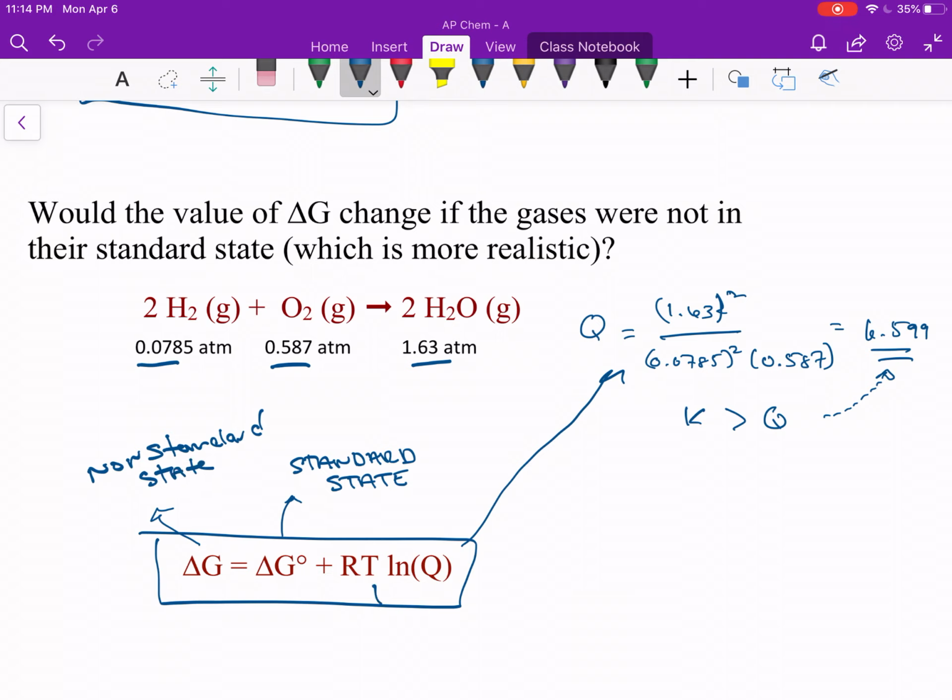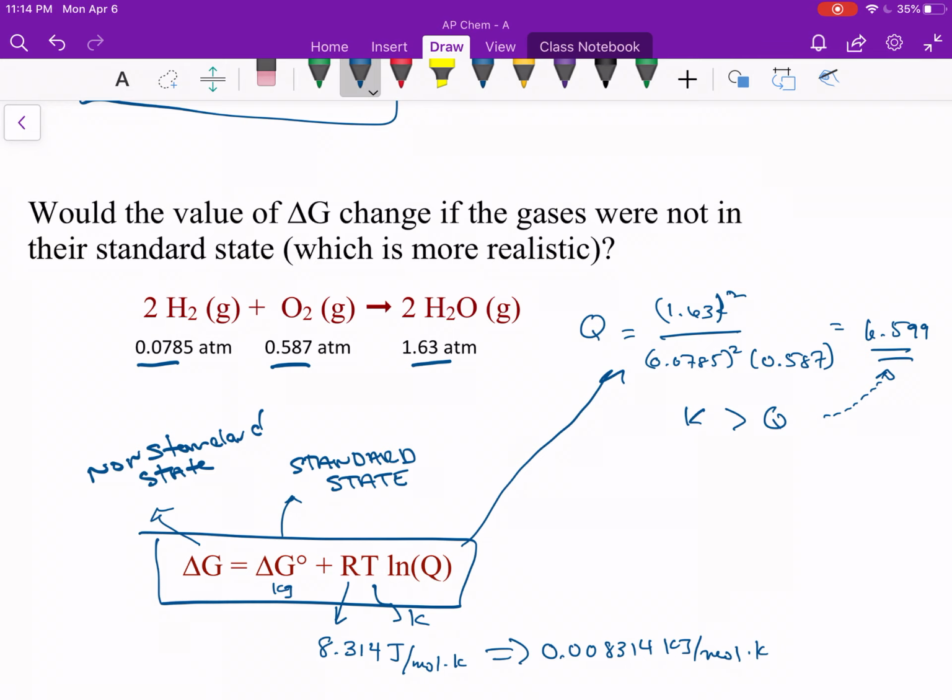We know T is still in Kelvin, and R is 8.314 joules per mole Kelvin. But in this case, since delta G is usually in kilojoules, we're going to use 0.008314 kilojoules per mole Kelvin, just to make sure that we're doing that right.